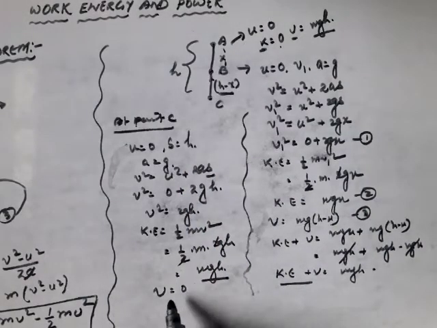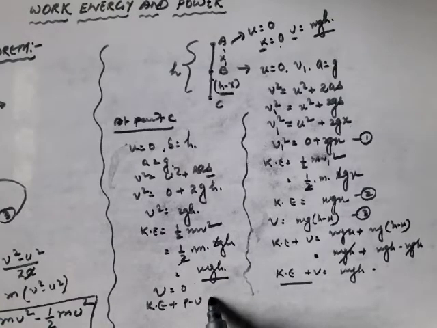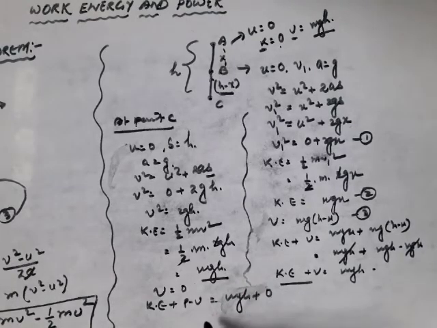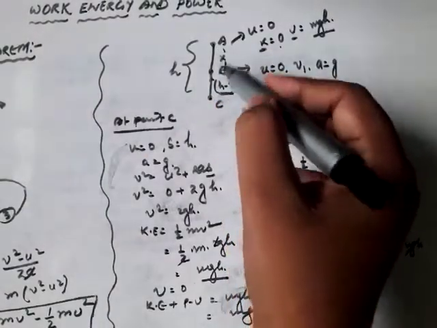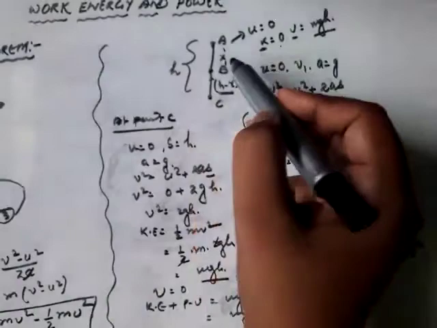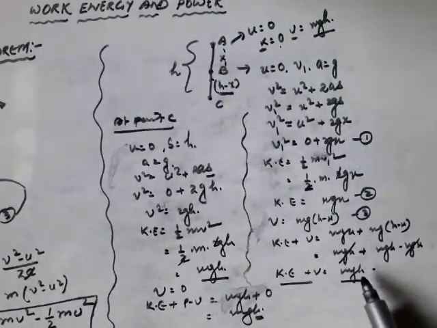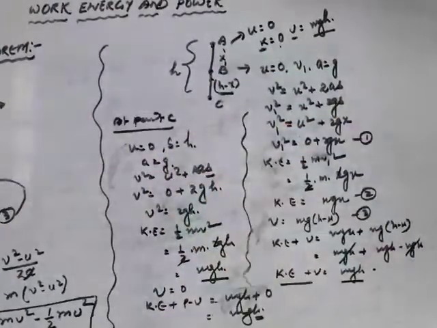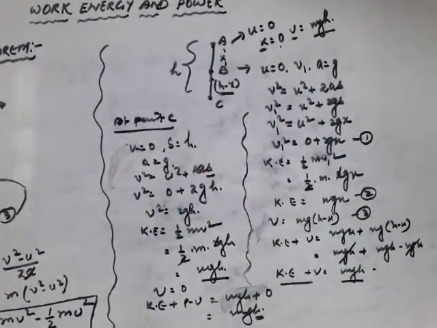If we add kinetic energy plus potential energy, it will be mgh plus 0, and the final result is mgh. This means at the top point the energy is mgh, at point B the energy is mgh, and at point C the energy is the same. In the whole system, energy is conserved.